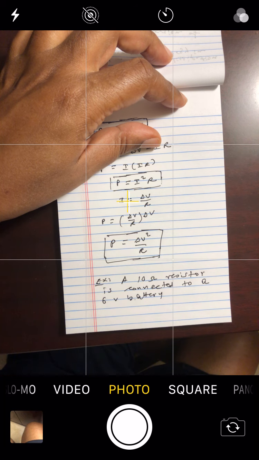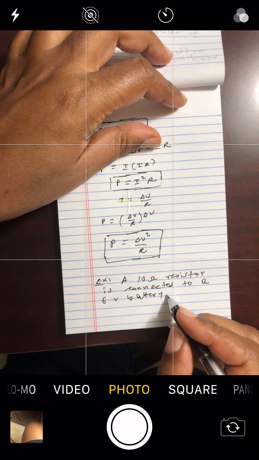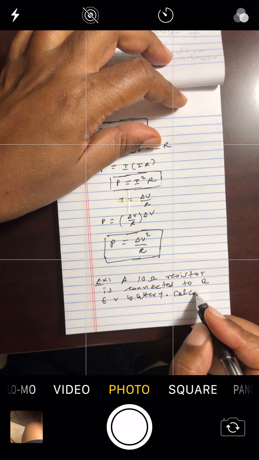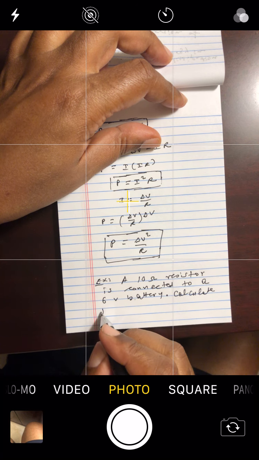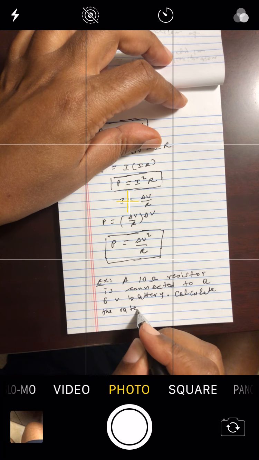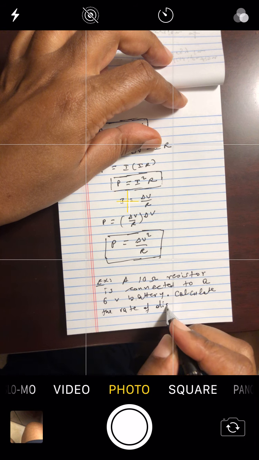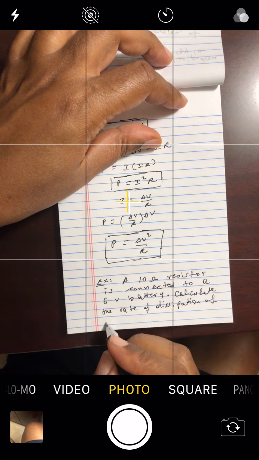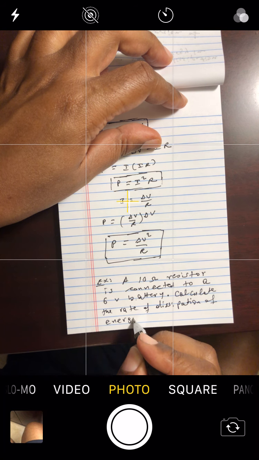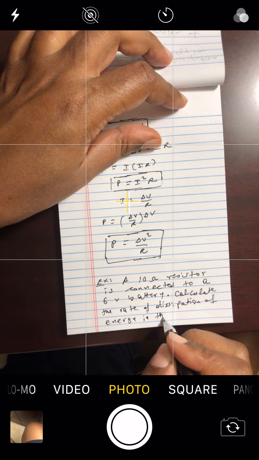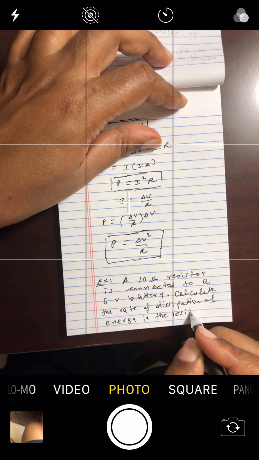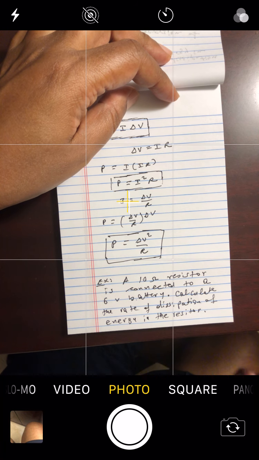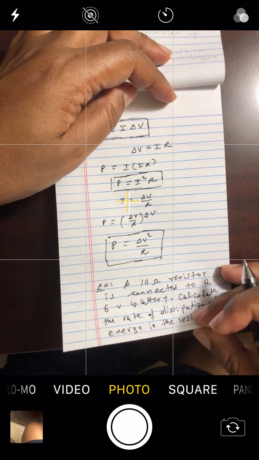The question is, calculate the rate of dissipation of energy in the resistor. That is the rate at which electrical energy is being converted into something else, usually heat energy. All right, so what do we know?